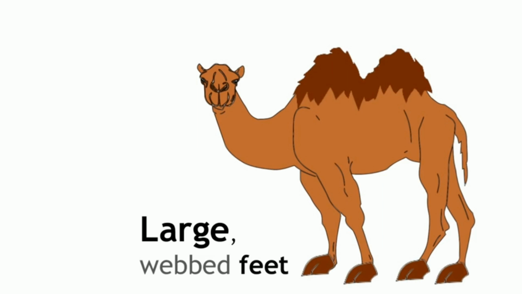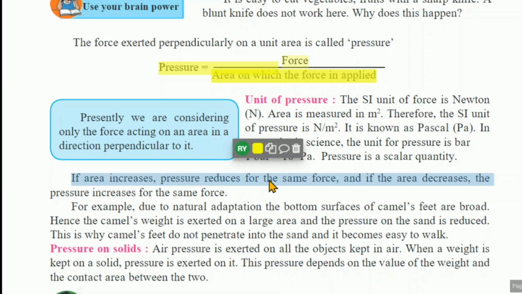That's why camel's feet do not penetrate into the sand and it becomes easy to walk, because camels are commonly used for traveling in desert areas. The reason is that the feet of camels are broad at the bottom. Therefore, the area is more, so the pressure gets reduced.